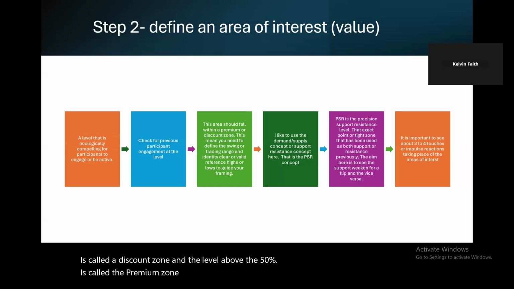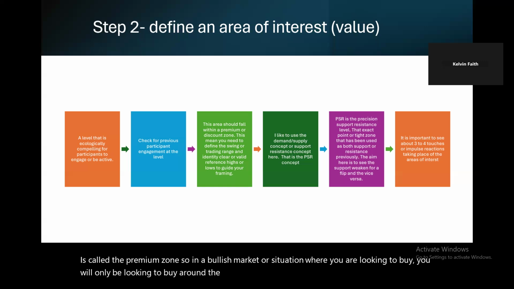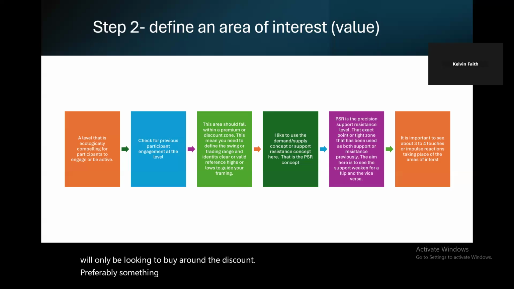So in a bullish market or situation where you are looking to buy, you will only be looking to buy around the discount, preferably around 61.8% or 78.6% or 88.6%, something around those levels.